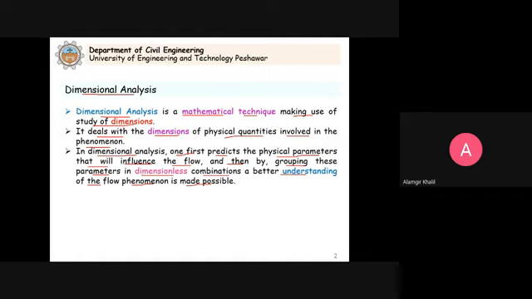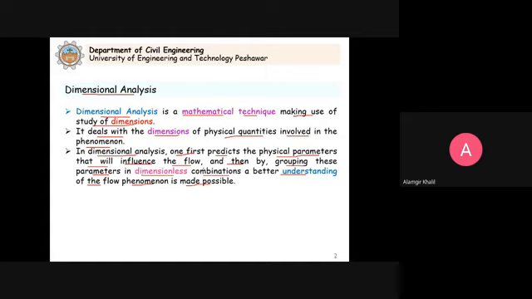But for example, you are a researcher and you want to study or analyze a fluid phenomena that has not been studied before. So you have to identify that what are the physical parameters that will influence the flow.